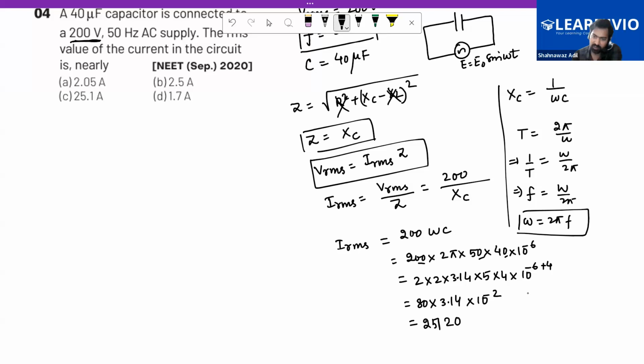This is 0. So this is 251 into 10 to the power minus 2. And then this is two decimal places on this side. So this would be 2.512, and then this is ampere. Right. So 2.5 ampere. This one would be the answer.